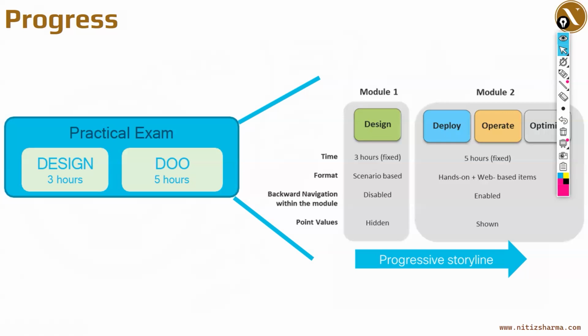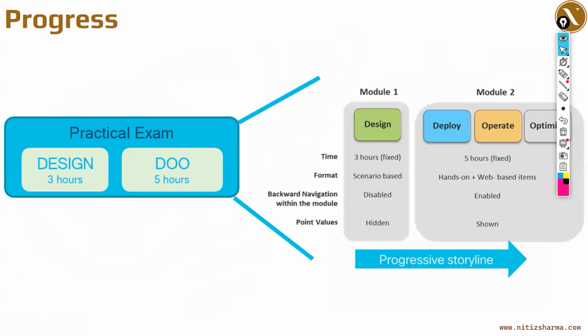And why this backward navigation? Even if you'll find in your CCNP exam, you cannot go back once you have clicked next. But in this CCIE second part, why it is enabled, you'll find one very interesting reason for that. Because as we discussed, multiple things will be coming back and back again to the engineers, and then they need to cross verify, cross refer to the points they already covered, because it is not a one-time process.